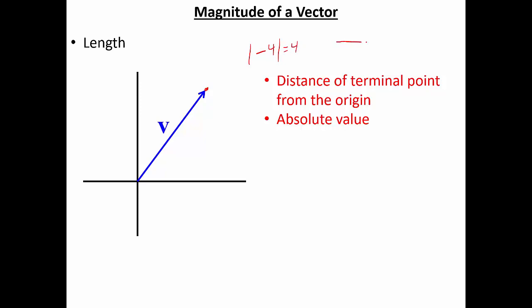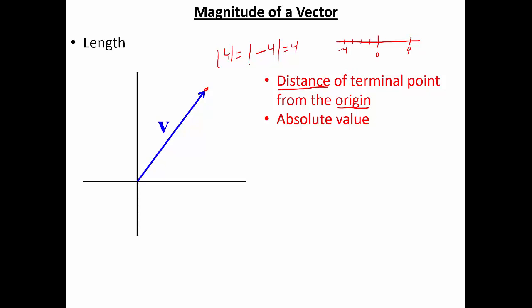But what's really happening there, when I say what's the absolute value of -4, 1, 2, 3, 4, what I'm actually asking is distance to the origin. How far is this number from 0? So whether I ask you absolute value of -4 or absolute value of +4, the absolute value is the distance from 0.